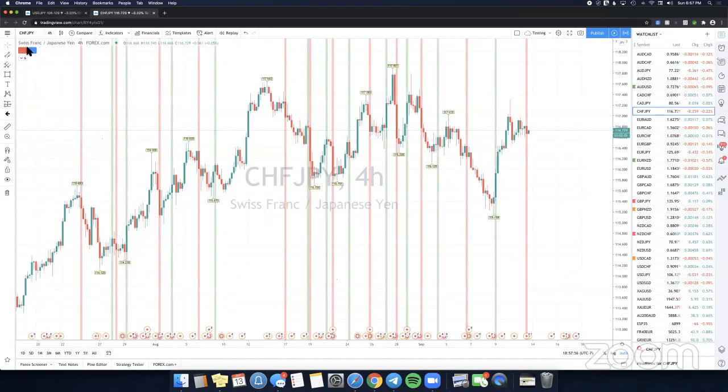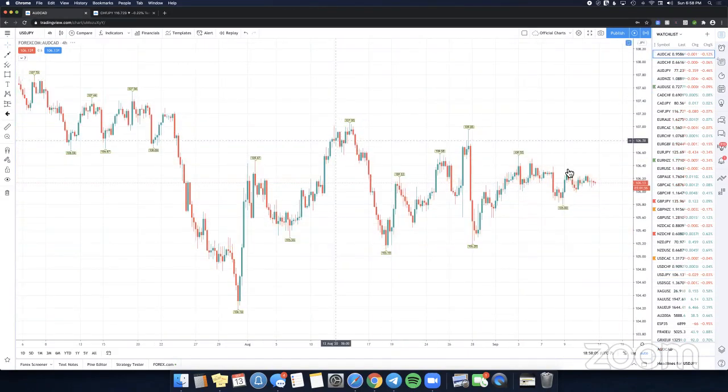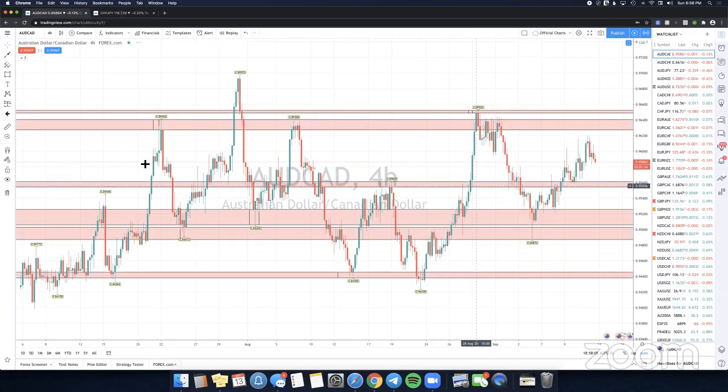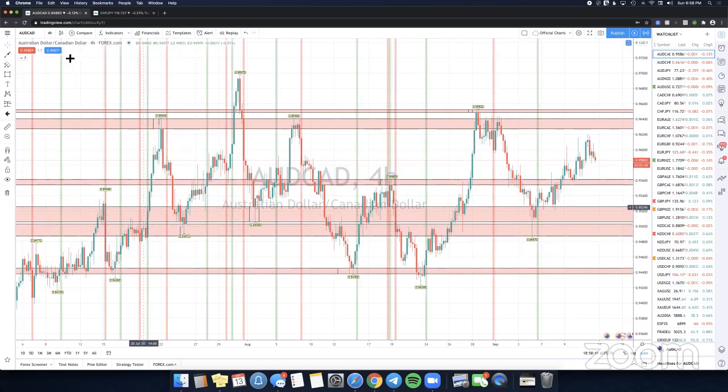So if I turn all this stuff off, we could literally go down the line and you can see there's a bunch of break and retest entries right here. Or if you're just doing the break with the momentum candle, you can pretty much take all these trades. It works for every pair.